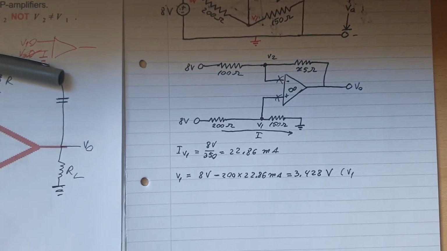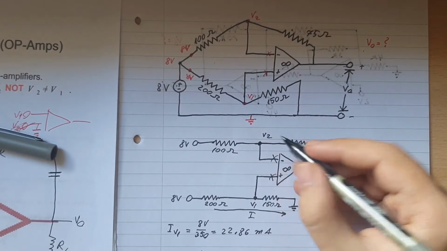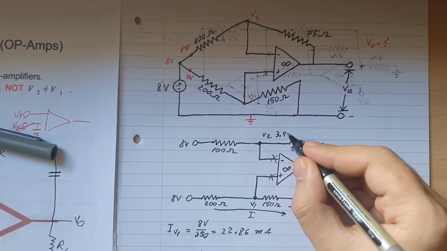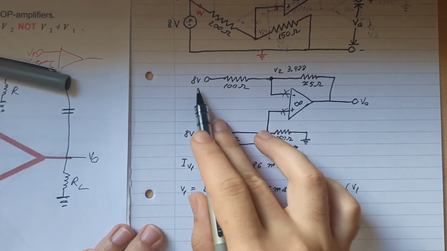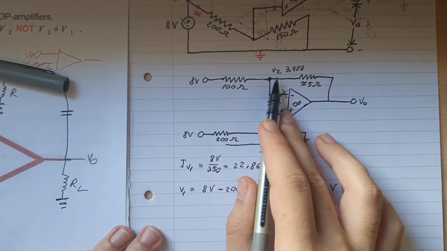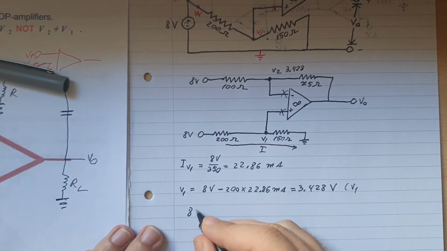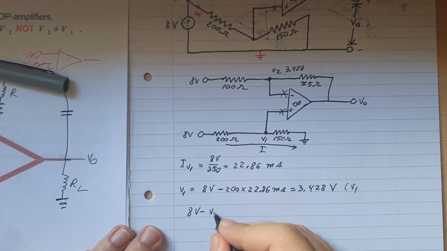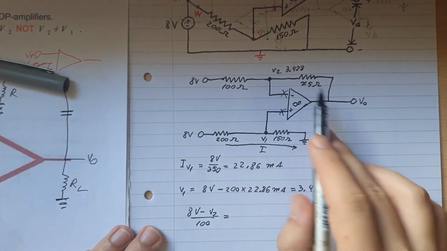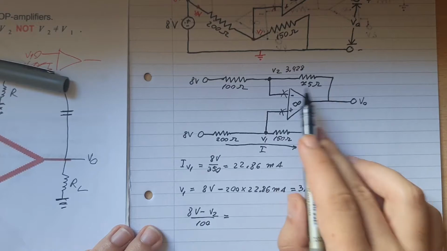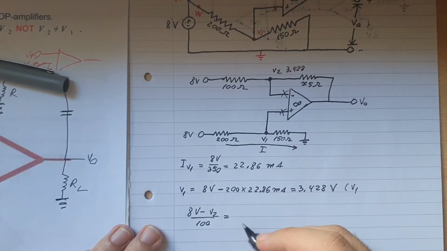Now, because we know V1, V2 is equal to 3.428. So we do 8 volts minus V2 divided by 100 is equal to V2 minus VO over 75 ohms.